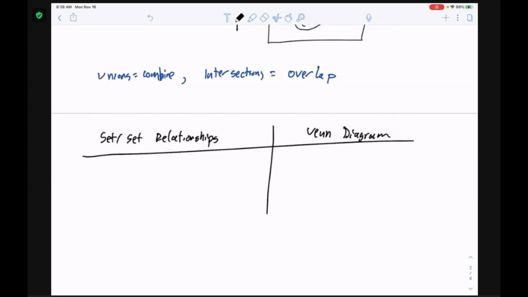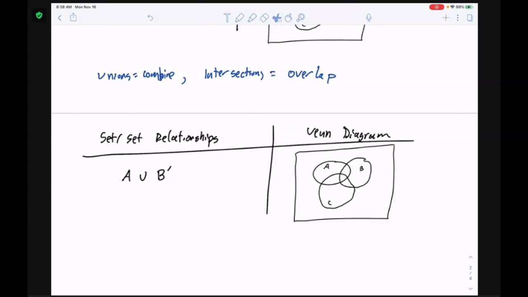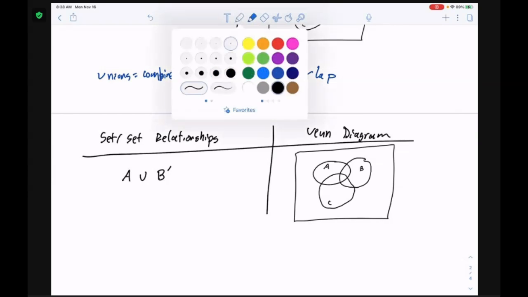So the next one now is A union this. What does that mean? The union between A and whatever is not in B. Yeah, so not B, or the complement of B, however you want to say it.